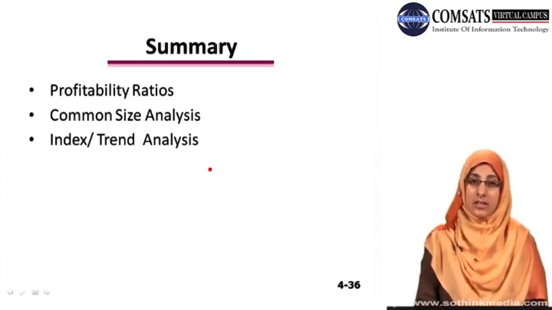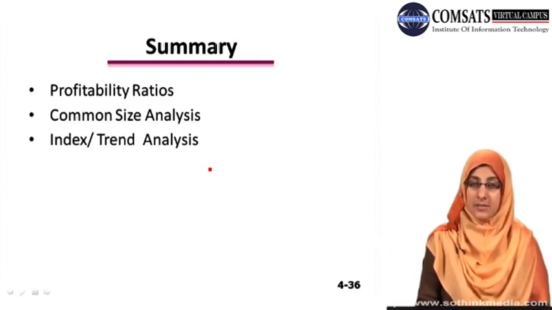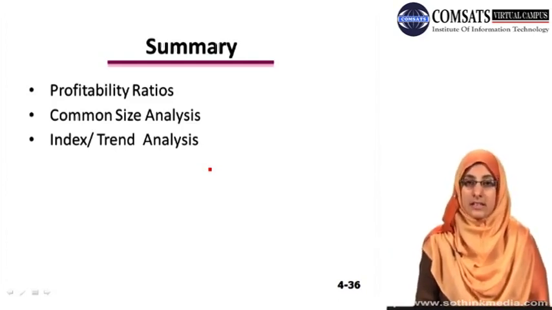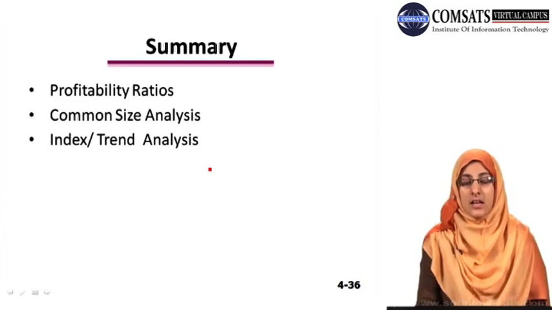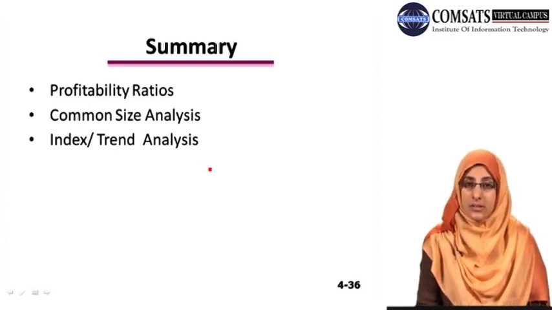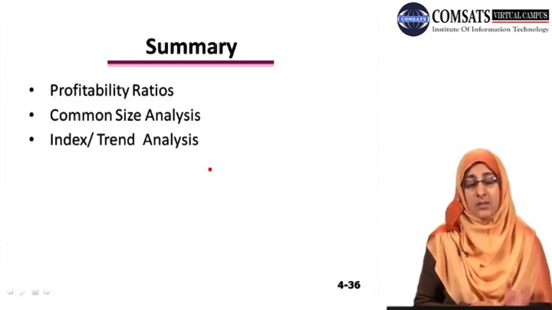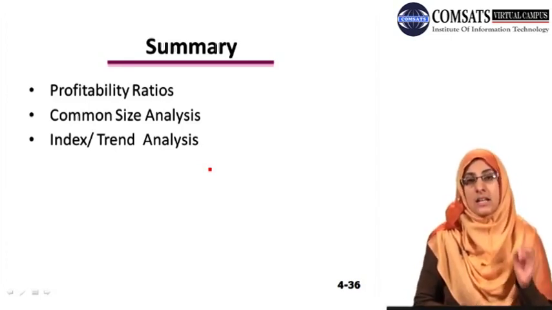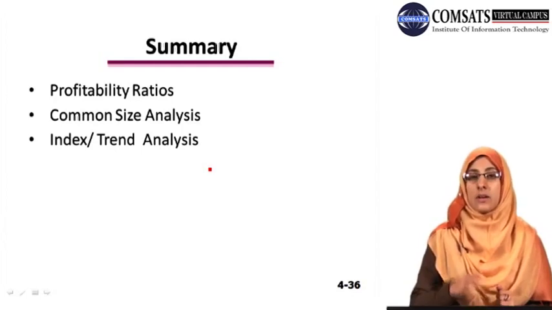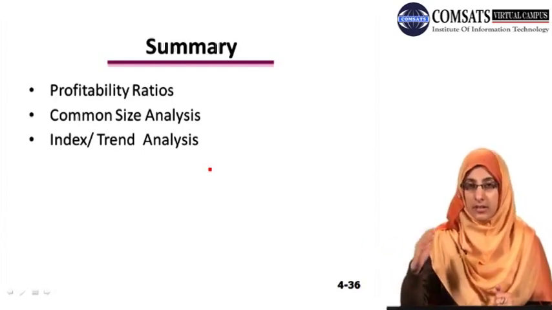Then when we talk about index or trend analysis, जिसके बारे में हम काफी अरसे से बात कर रहे हैं, we found out that in index or trend analysis, we compared the values over the period of years. कि हम लोग एक बेस ईयर लेते हैं, we consider 1 year as base year, and that is mostly the least year or the oldest year, and we compare these values with the number of coming up years.